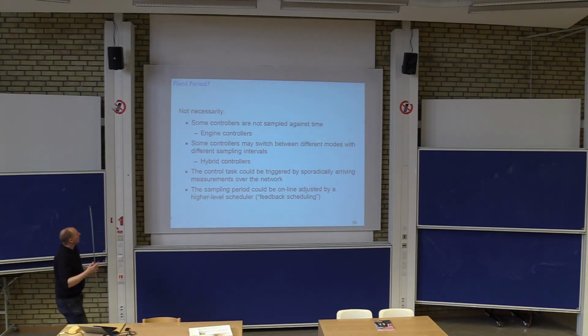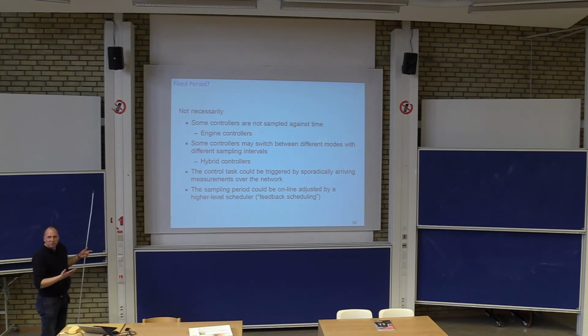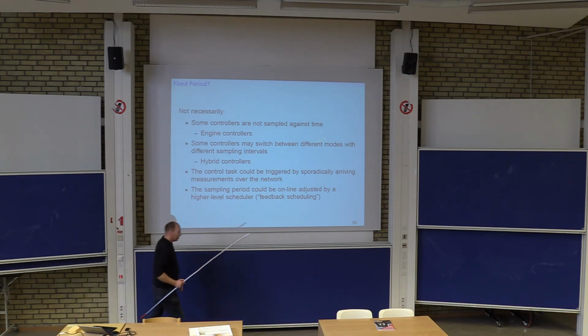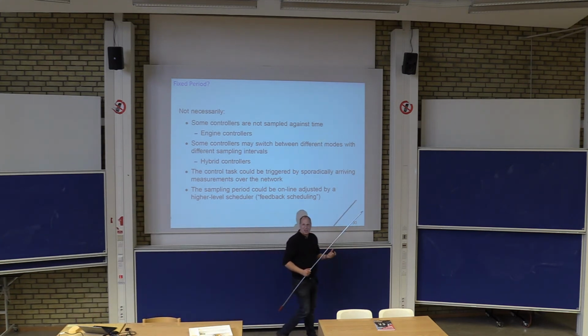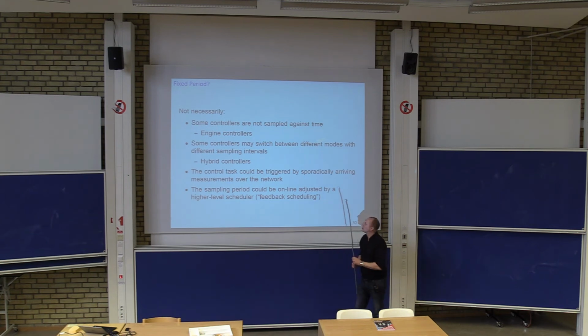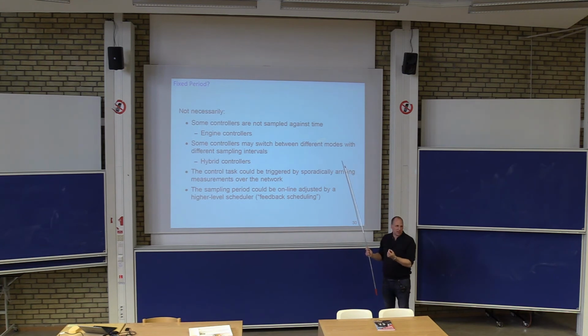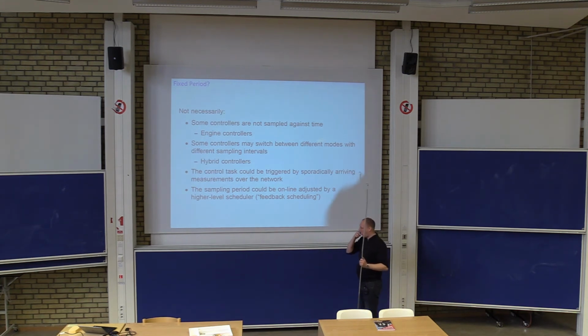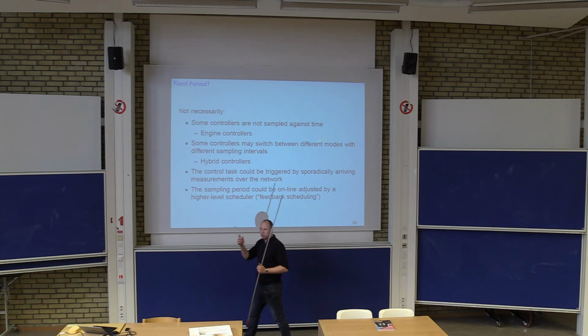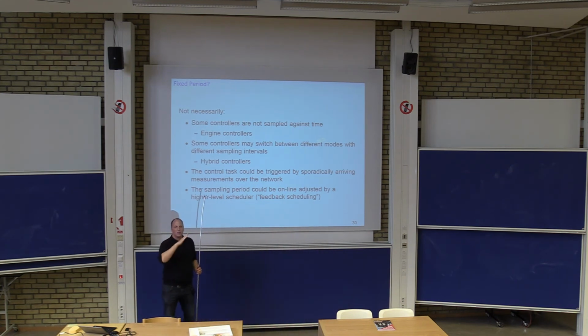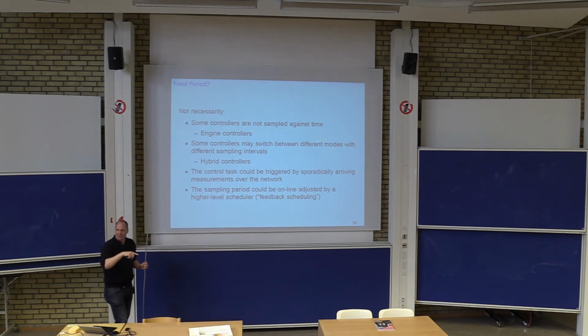But when we start to think about this, do we always have a fixed period, for example? Sometimes you have a fixed period, sometimes you do not. You could have, for example, a controller that is not sampled against time. If you have a combustion engine controller, you would like to compute your controller based on the angle of the crankshaft instead. So the angle will decide when to do the sample.